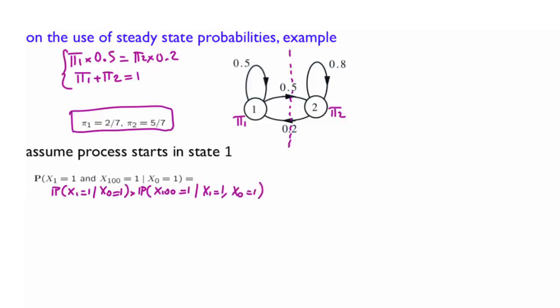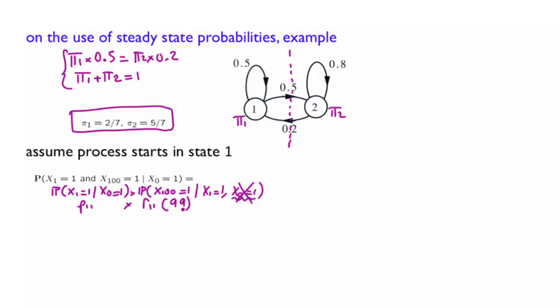So what is this? This first one is the transition probability from state 1 to state 1, p11. How about the second probability? Because of the Markov property, that information is irrelevant, and so that probability is r11 in 99 steps.